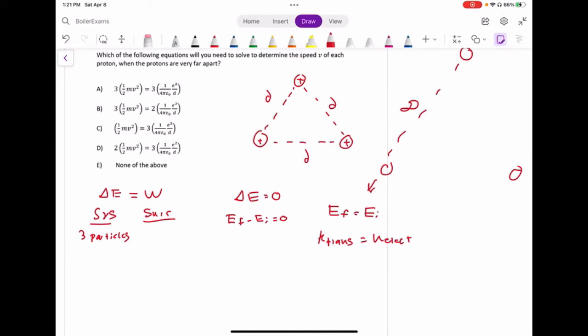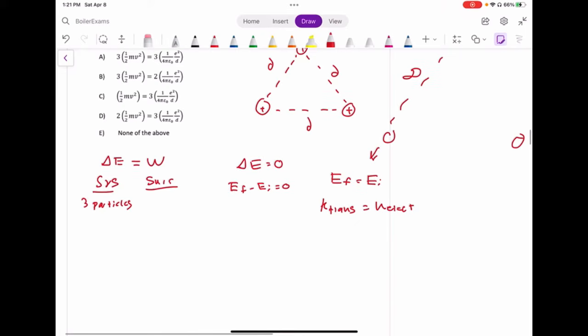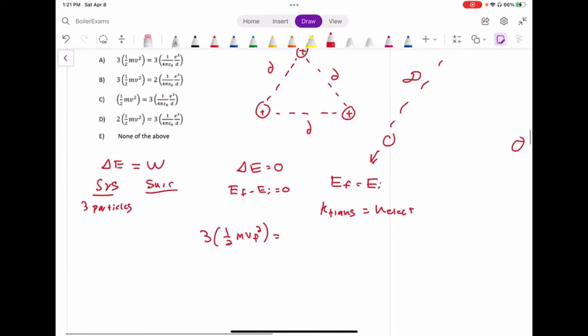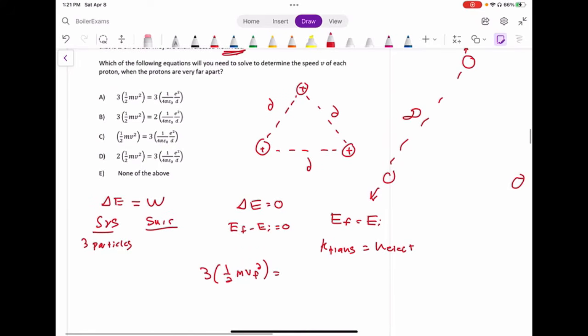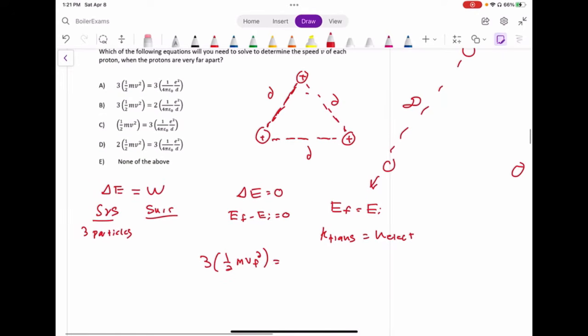So let's go ahead and set this up. Finally, we're going to have 3 particles moving away, so we're going to need to multiply this equation by 3. And also initially, we're going to have the U electric as a measure of interaction between these particles. And we have 3 of those, right? We have 3 sides of this triangle: 1, 2, 3. So we're going to need a coefficient of 3 there as well.